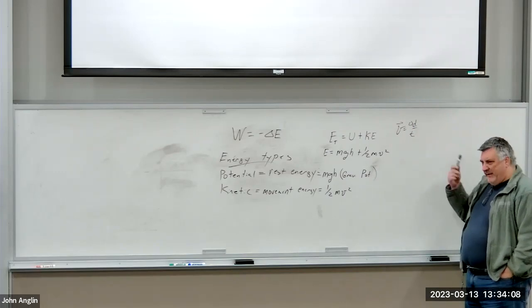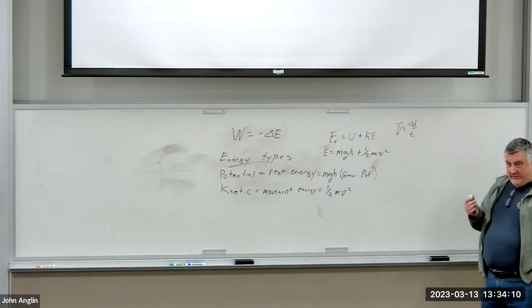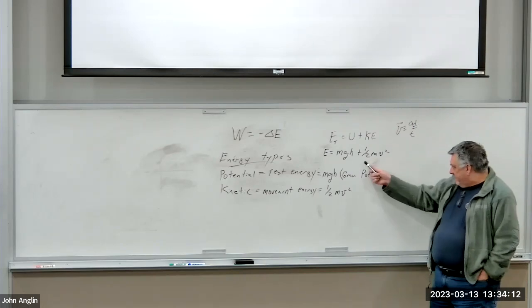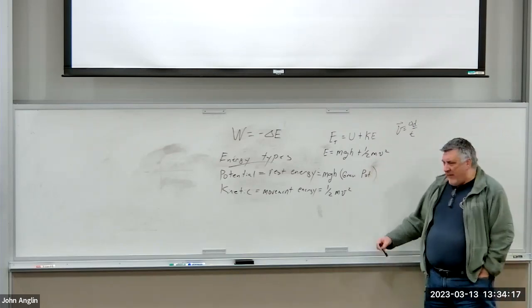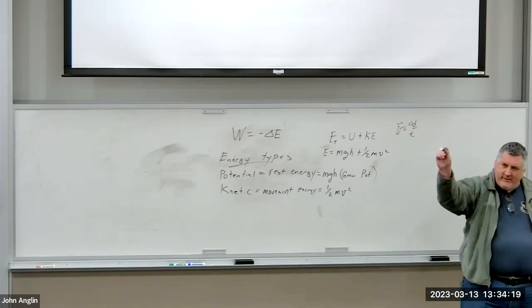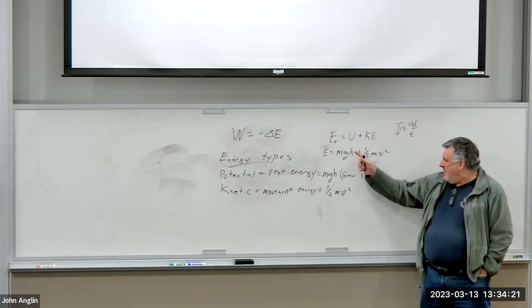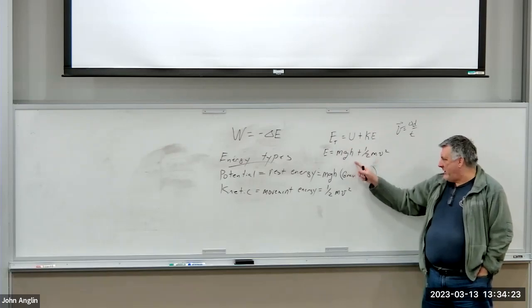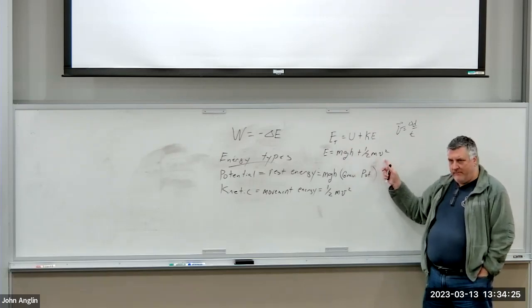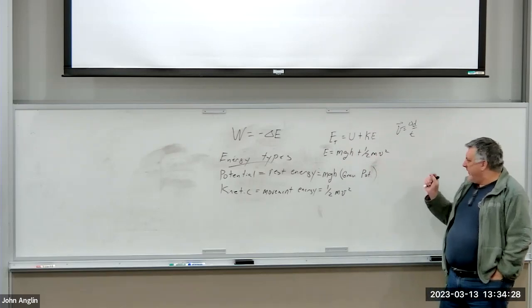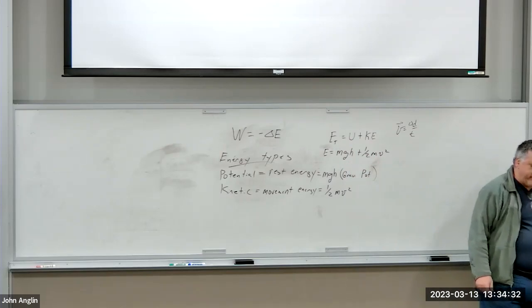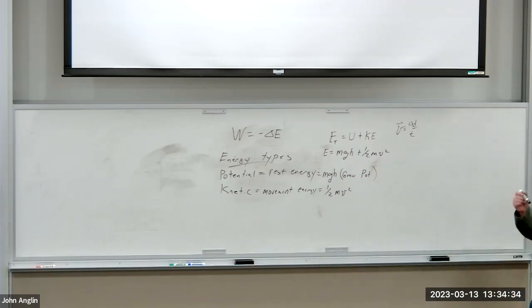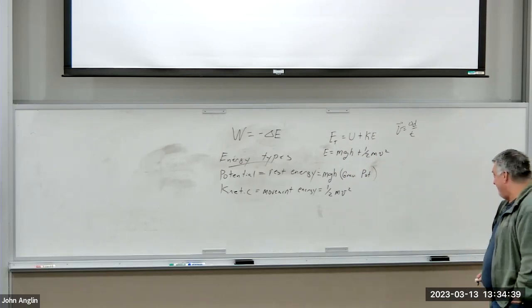So 0 divided by t gives us 0 velocity, which means kinetic energy goes to 0. So at the point of release, our total energy is mgh plus 0. So our total energy must be the gravitational potential energy. That is the only place this system gets energy from when the pen is falling.